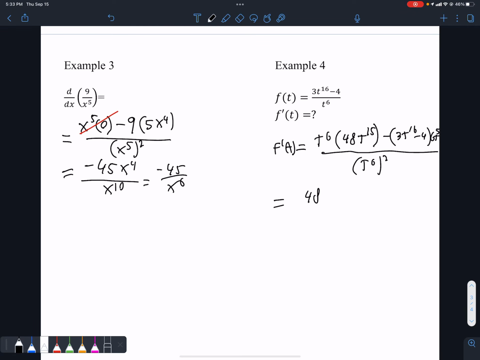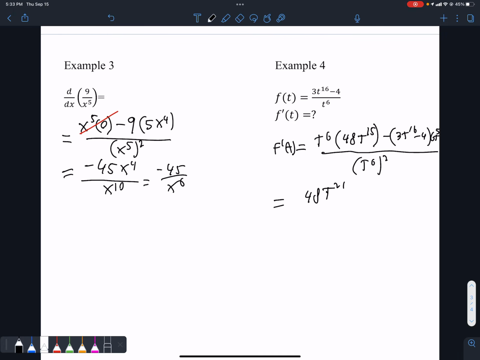So 48, you add the exponents, that's 21. So it's going to be t to the 21. And then a couple things are going on. I'm doing 2 things. I distribute the negative. I distribute the 6t to the 5th. And what happens?